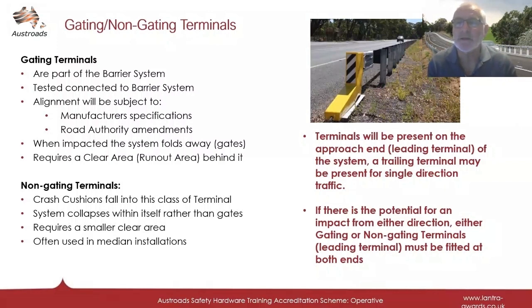When impacted, the system folds away, it gates, and requires a clear area, a run-out area behind it. Then you have non-gating terminals. Crash cushions also fall into this class of terminal. The system collapses within itself rather than gates, requires a smaller clear area, and is often used in median installations.